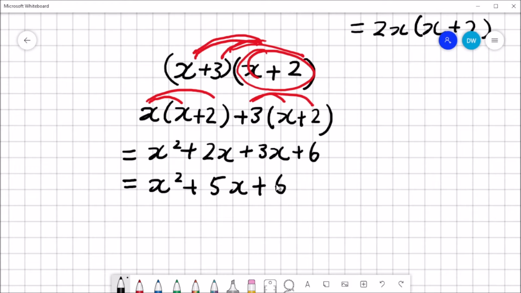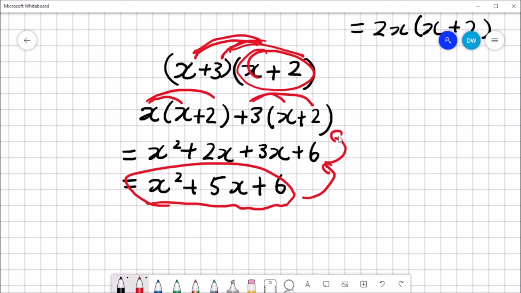Now what we need to do is the reverse. In binomial expressions, when we're trying to factorize something like this, we have to go backwards. We start from here, and then go back, and end up with the two factors.